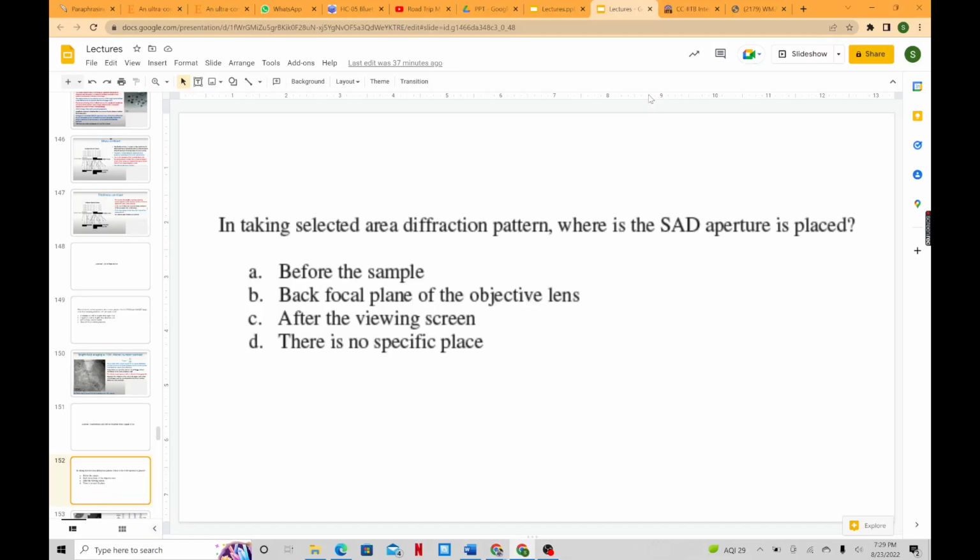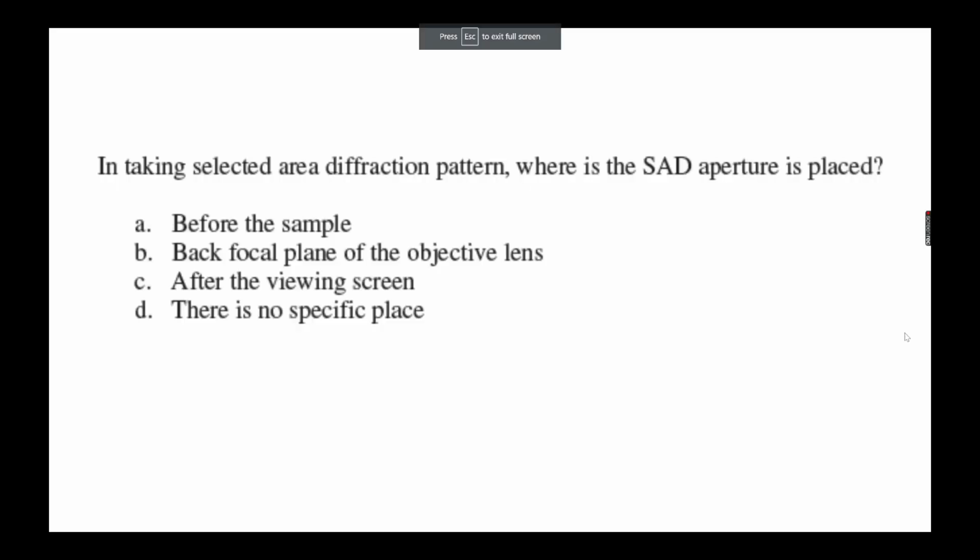Can anyone guess? Why are you guys not participating, or are you just watching whatever I'm saying? I hope you have gone through the lectures. Even if not, you can guess on the basis of your knowledge. Does anybody else want to guess or give an opinion or the answer?